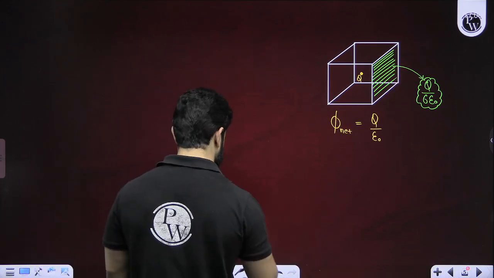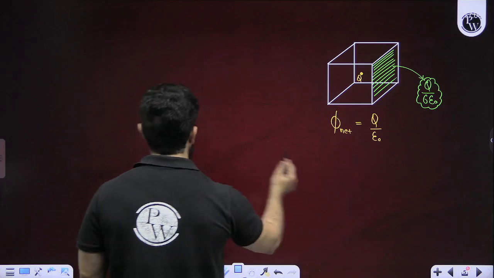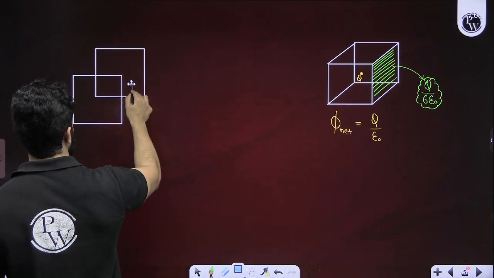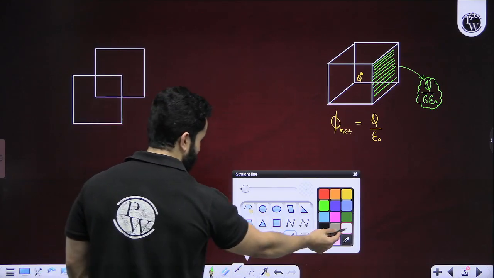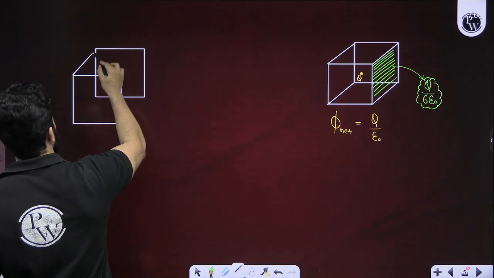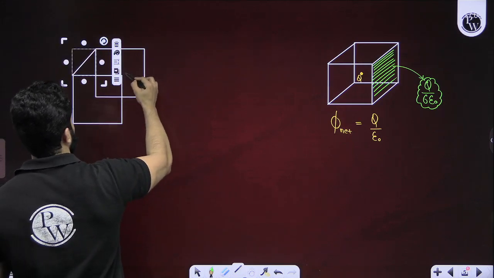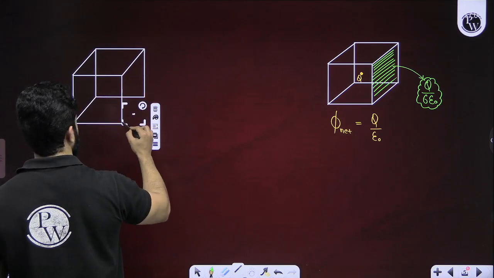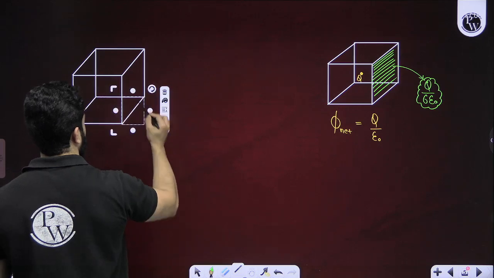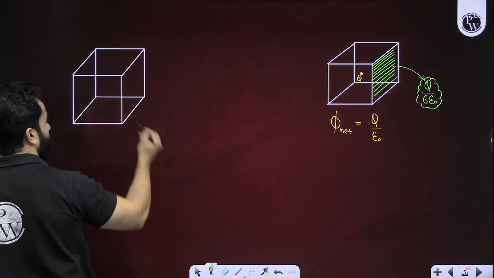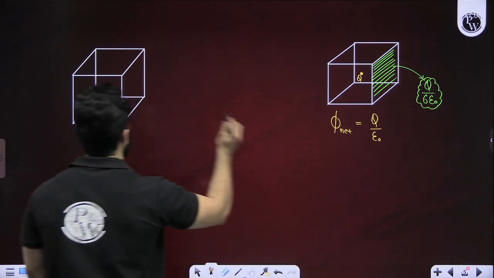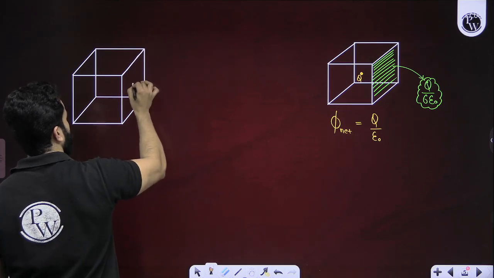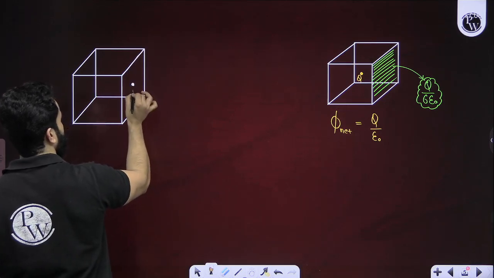Right now the charge was at the center. Let's say you have got the same cube. Now the only difference is the charge is actually not at the center, but now the charge is actually at the face of the cube. That means for this face it is at somewhere over here, that is q.